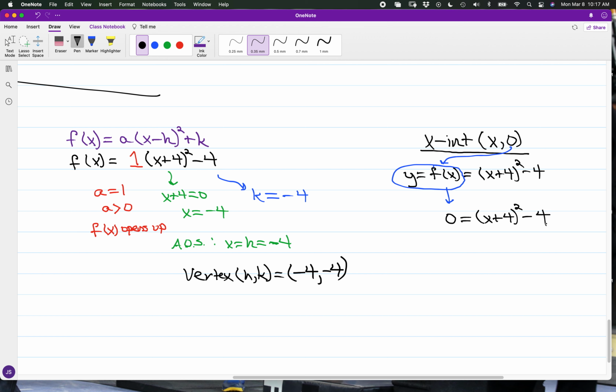Okay, so we have 0 is equal to the square of x plus 4, minus 4. And what we can do here is lead up to the square root property of equality. I'm going to isolate the square of x plus 4, so I'm going to add 4 to both sides.